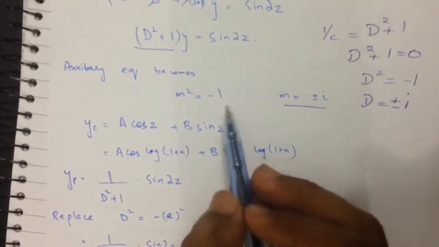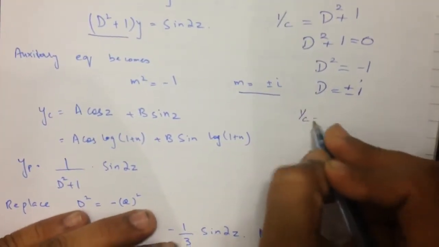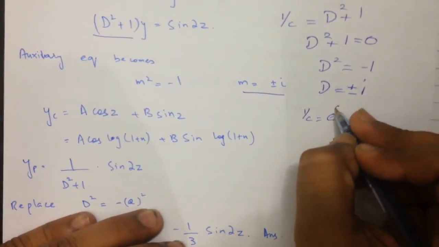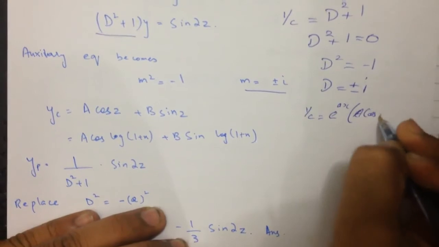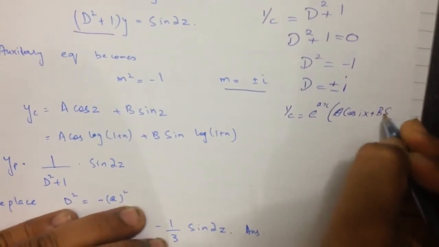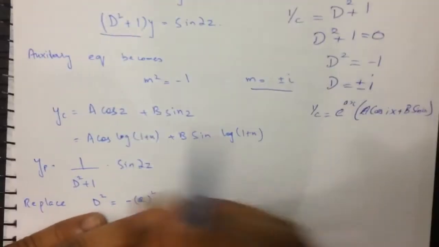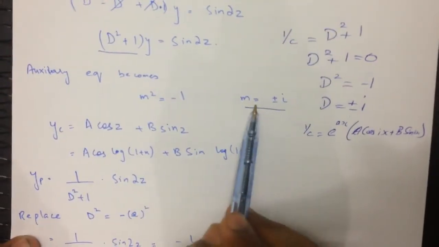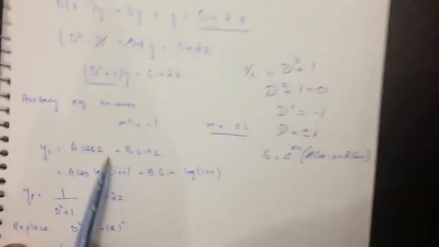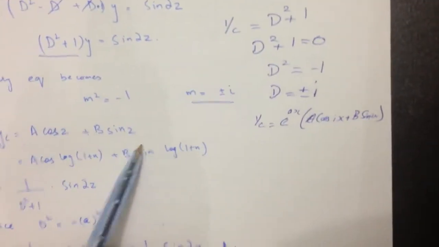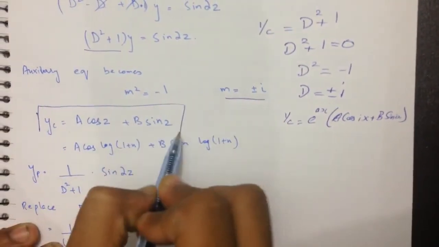We write yc equals e raised to the power of constant x times (a cos(ix) plus b sin(ix)). Since we have roots m equals plus minus i, we write this in the form yc equals a cos z plus b sin z. This is the equation of yc.